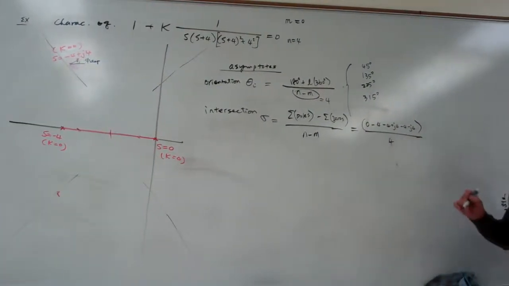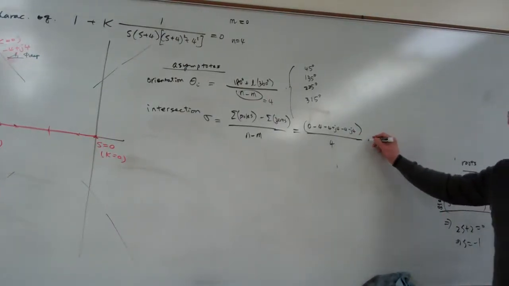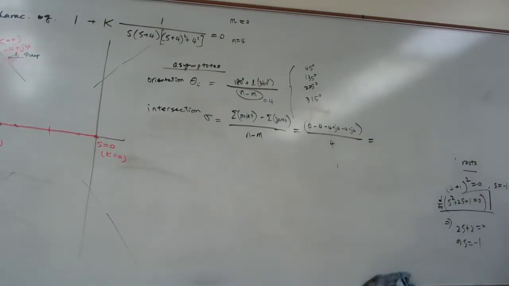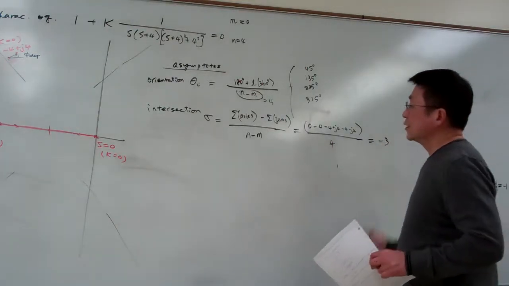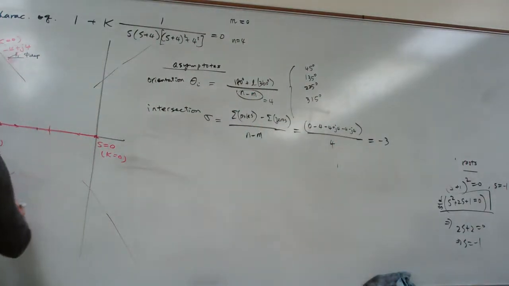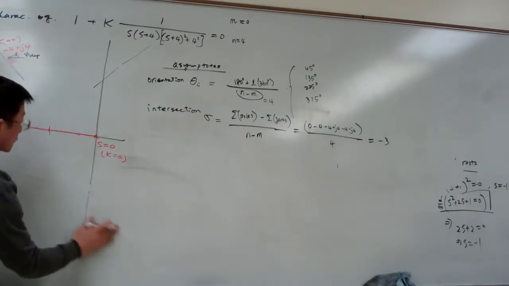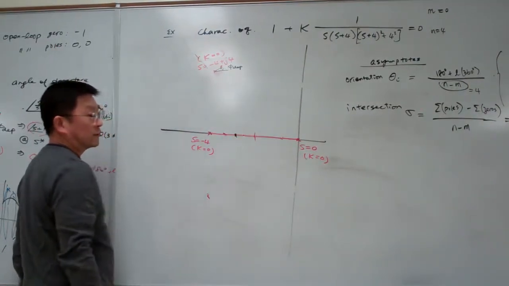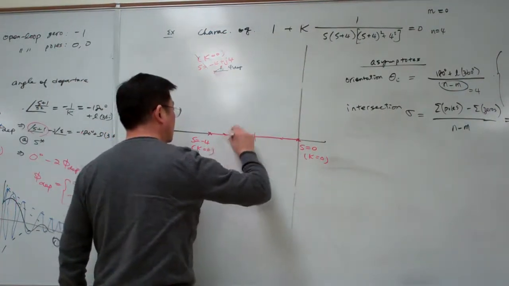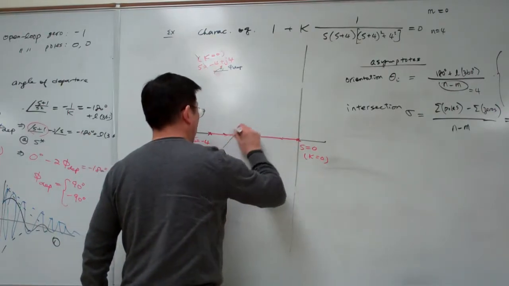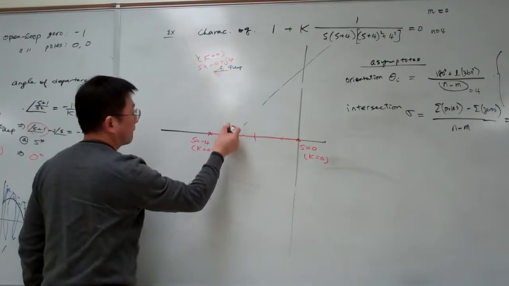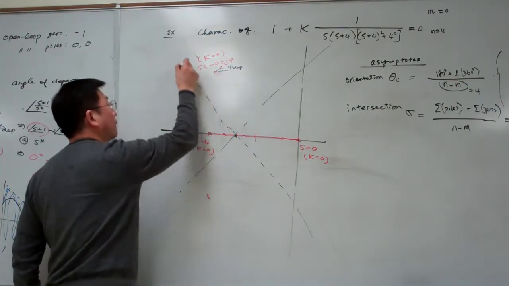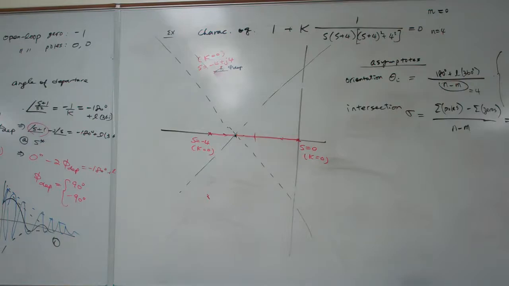We don't have zeros here. So that is minus 3. So the intersection is here. Here I can draw this in a good way. This is the intersection of the asymptotes, forming the big X. Something like this. Okay, good.